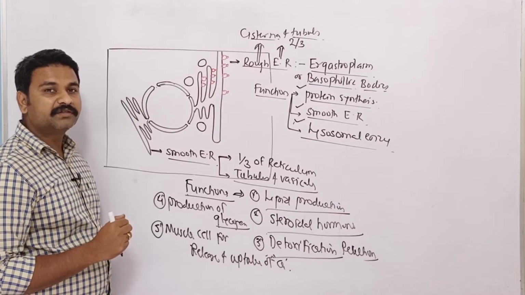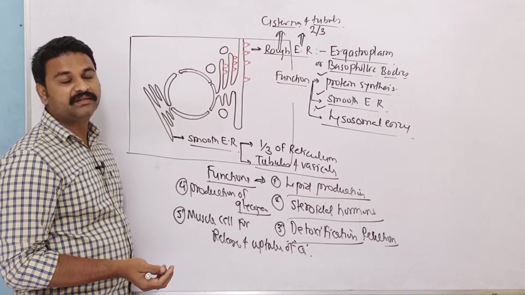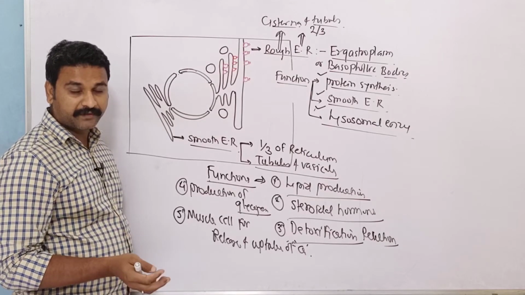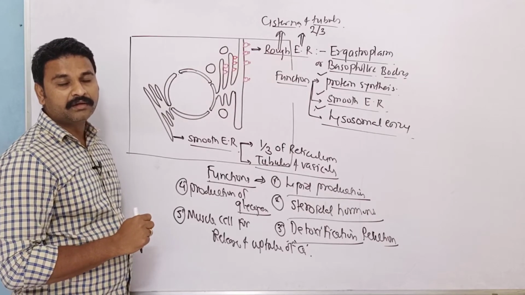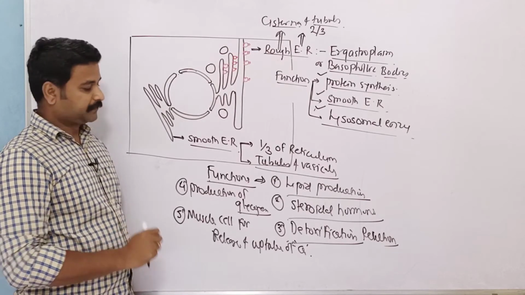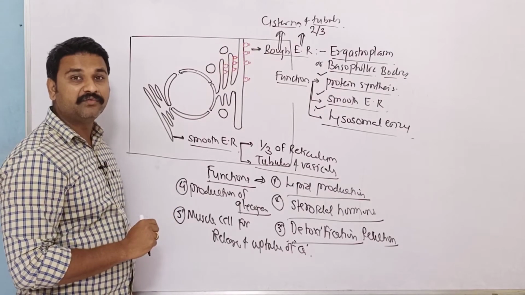So whenever the muscle gets stimulated, it will release the calcium ion, and when the stimulus is gone or wears off, it will reuptake the calcium ion from the cytoplasm of the muscle. So in this way, the smooth endoplasmic reticulum helps the cell in various ways.